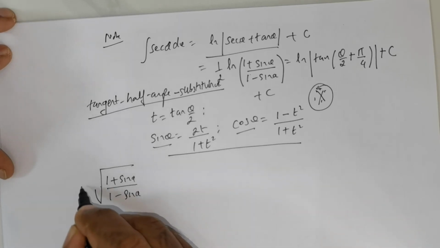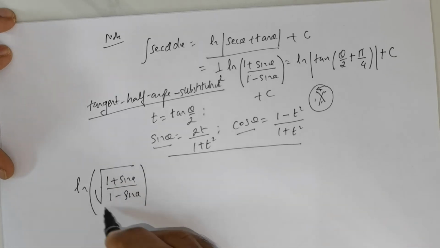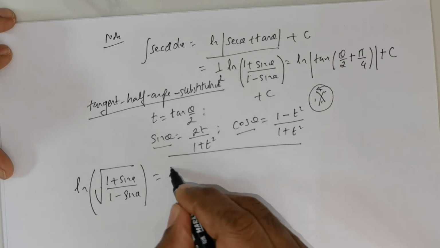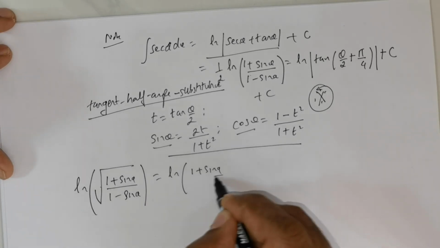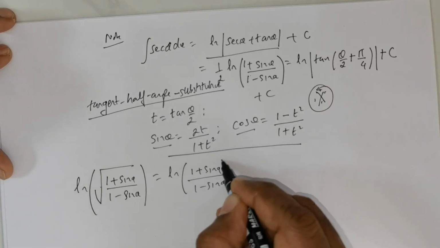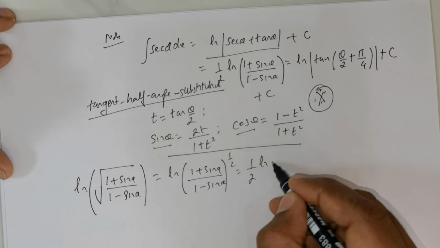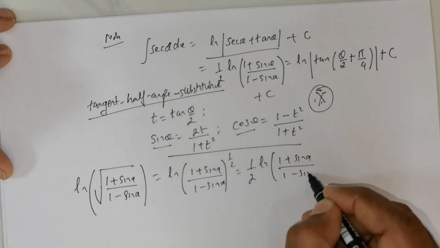If I apply ln, this is what I get: ln of the square root of (1 plus sine theta) divided by (1 minus sine theta). Now this can be rewritten as ln of ((1 plus sine theta) divided by (1 minus sine theta)) raised to the power of 1 over 2, which is nothing but 1 over 2 times ln of (1 plus sine theta) divided by (1 minus sine theta), right?